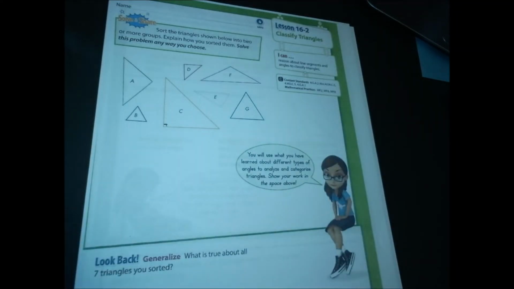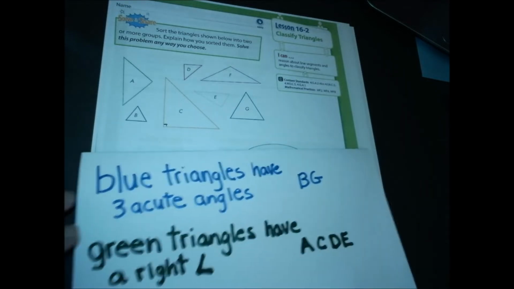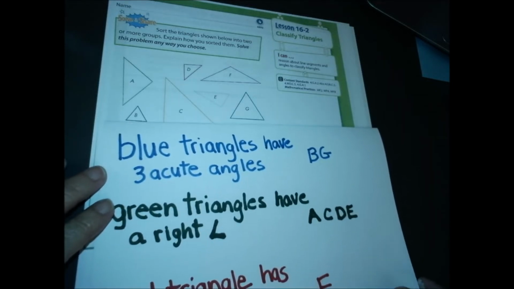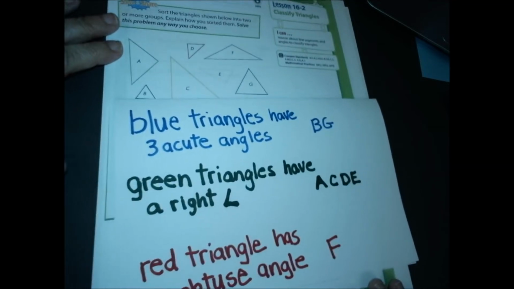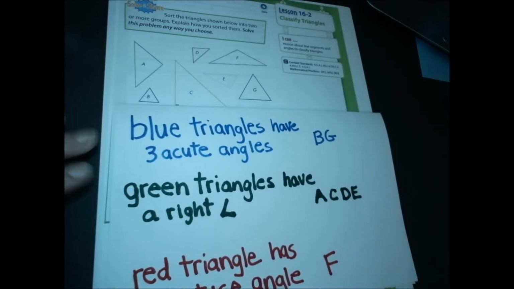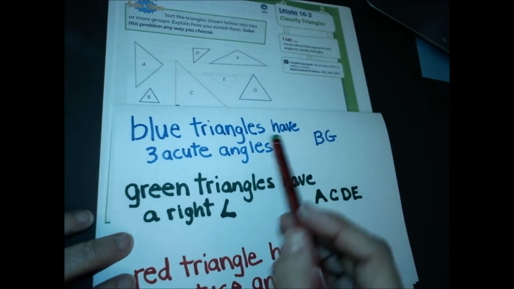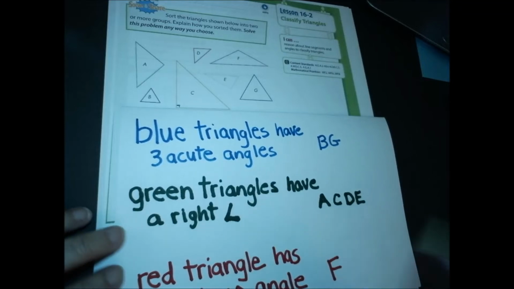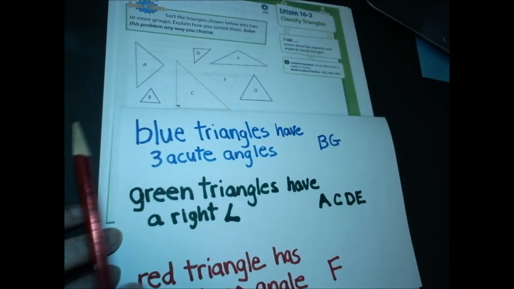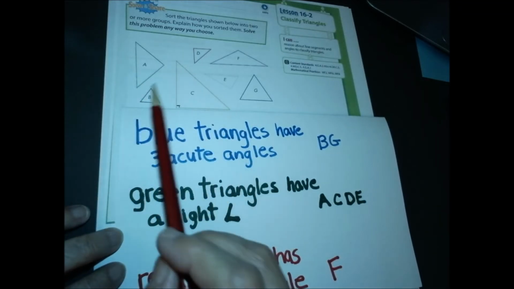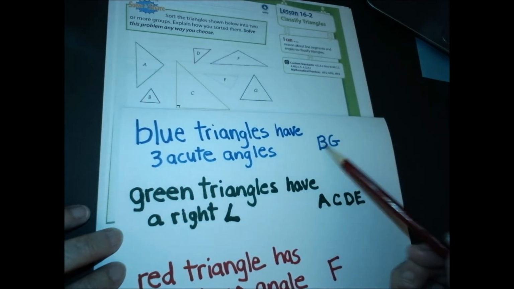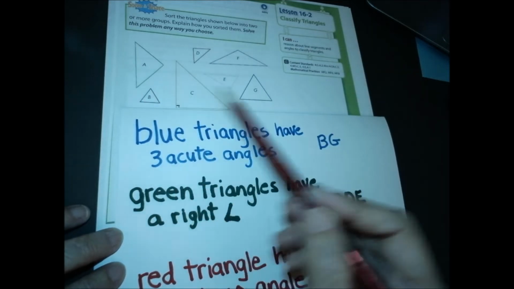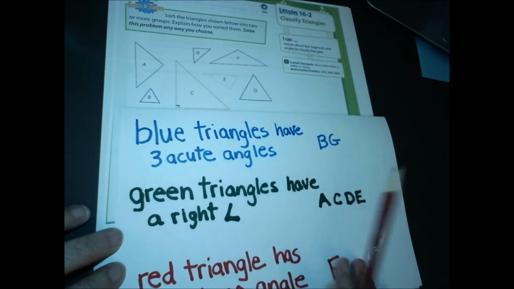Now someone else may have classified their triangles by angles. In this case, they may have said the blue triangles have three acute angles. So B and G have three acute angles.